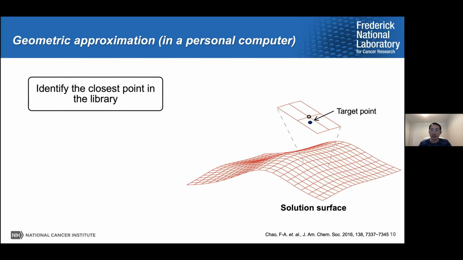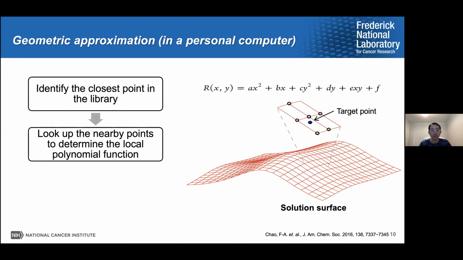So first you need to identify the closest point in the library, and then you need to look at the nearby points that allow you to quickly determine the coefficients of the polynomial function here. So here I just show you the simplified scheme, because this is apparently showing a two-dimensional surface, which does not make sense, because the dimensionality of our surface can be as high as 7 dimensions, okay?